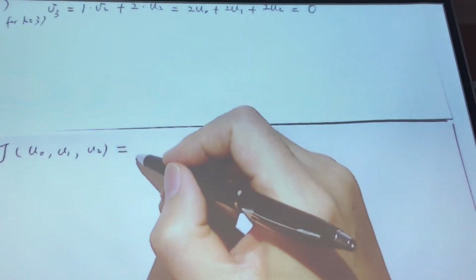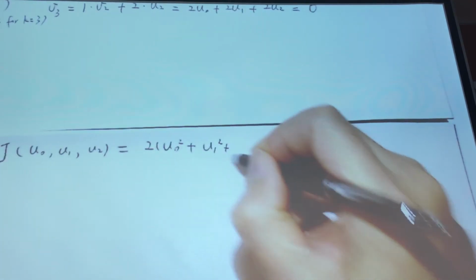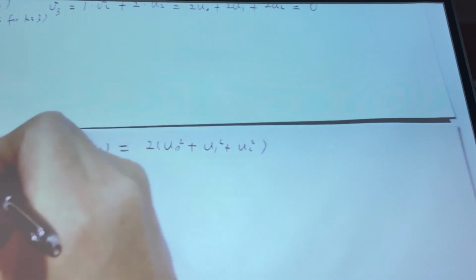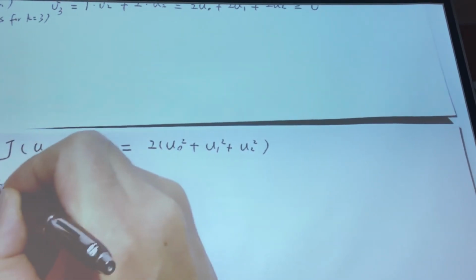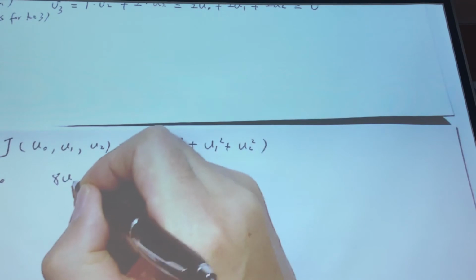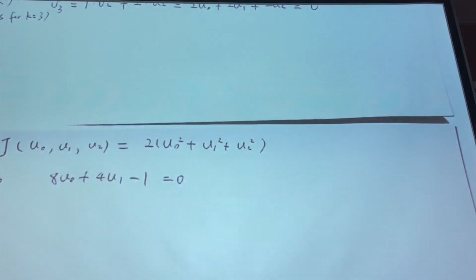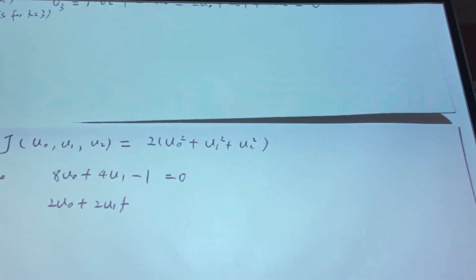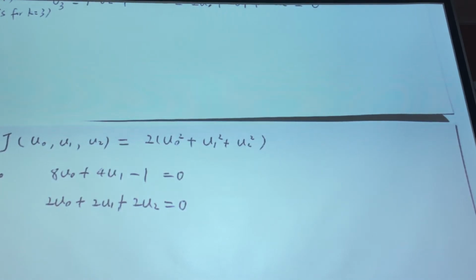This is given by the control energy, so it's 2u0 squared plus u1 squared plus u2 squared, subject to our conditions. The conditions are 8u0 plus 4u1 minus 1 equal to 0, and 2u0 plus 2u1 plus 2u2 equal to 0.